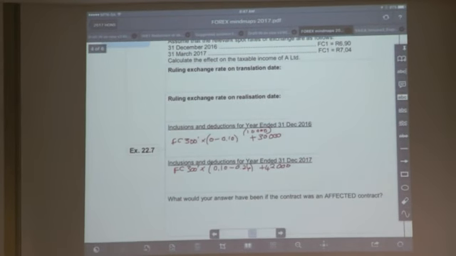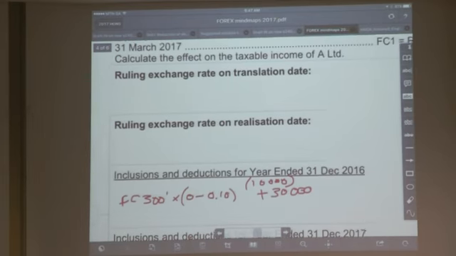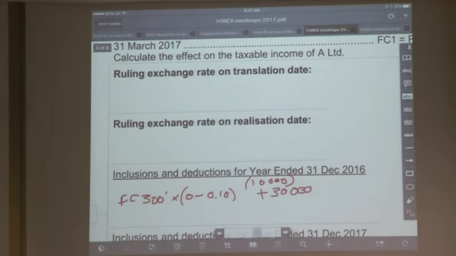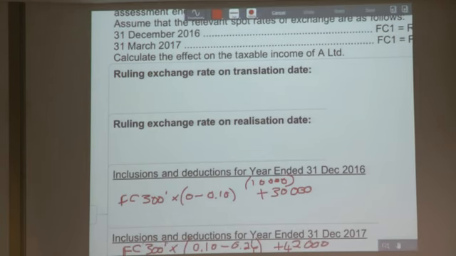okay. So if I need to do a new rate on translation date, they said I must use the premium, which was 10,000, and I must divide that with my foreign currency amount, which is 300,000, and that's going to give me 0,03 repetitive.